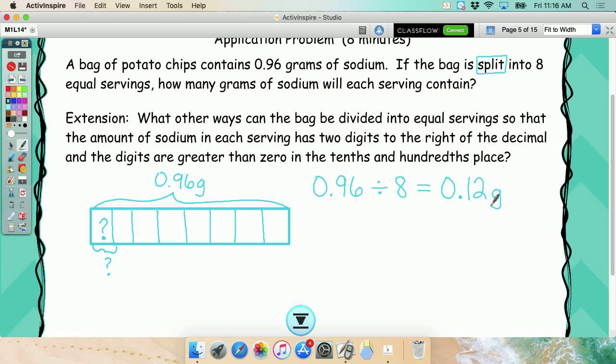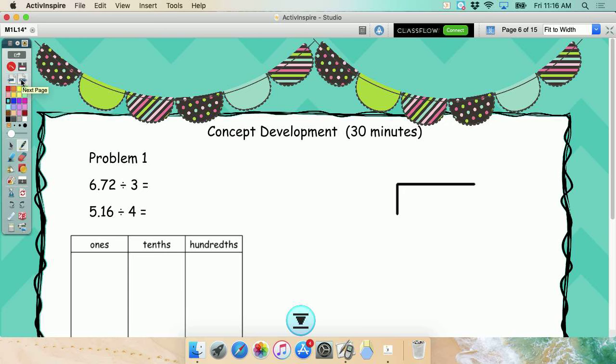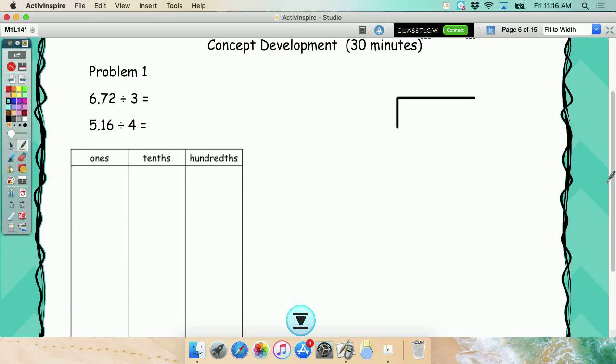Okay, so now what we're going to do is we're going to skip the extension and start on the lesson, okay? This is where you'll need your highlighter. So I'm going to the next slide. And yours is different. I separated your problem one into 2 different boxes, okay? Mine's easy.